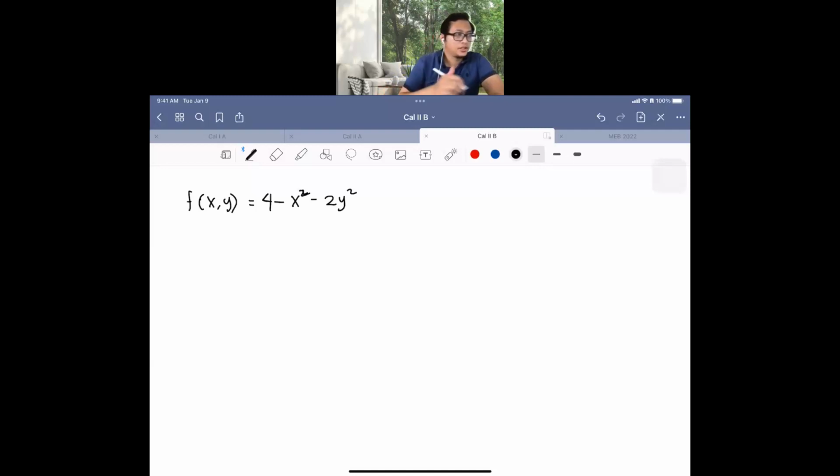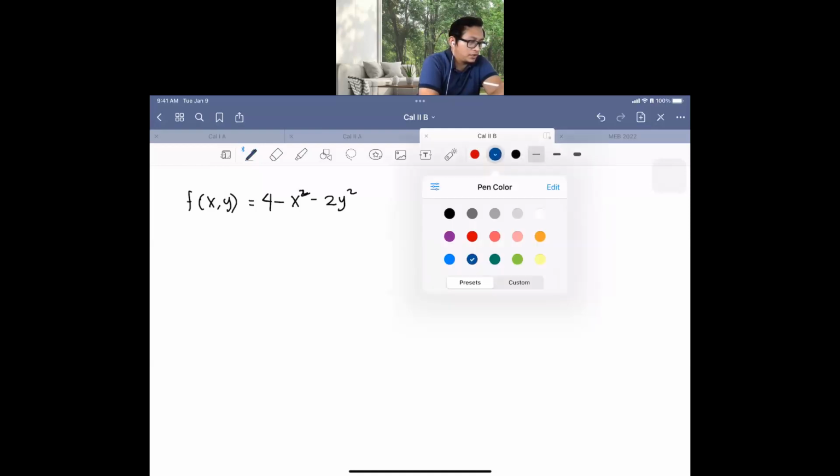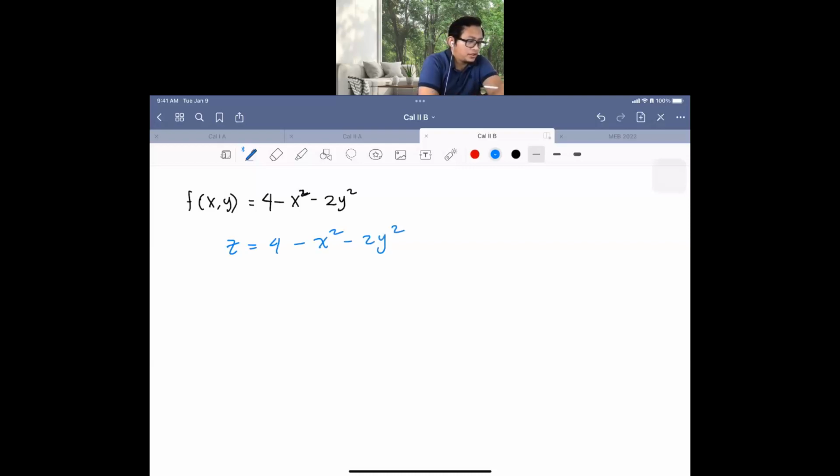So we know that we can write this as z equal 4, right? And we can imagine that this is having a parabola and another parabola, and then xy can become an ellipse, so it will have a parabola because it's negative, and it will be having an ellipse here, so it's an elliptic paraboloid.